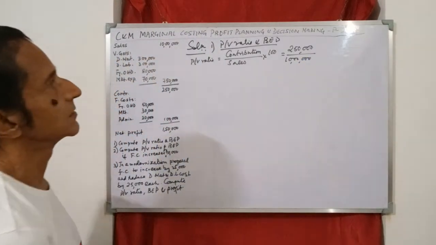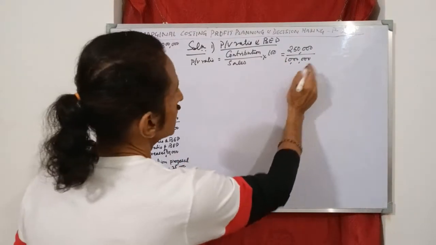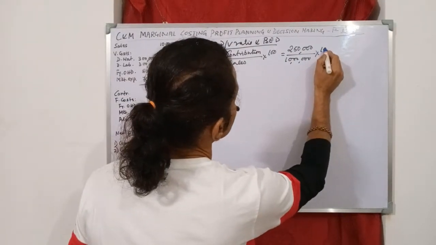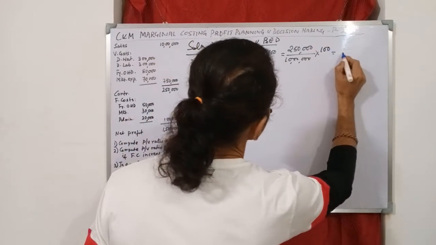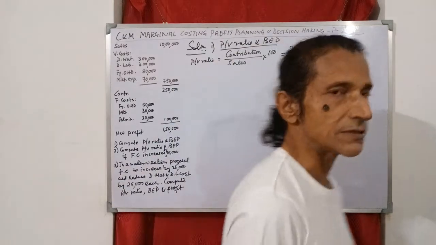That is 2,50,000 divided by 10 lakh into 100. This is simply 25%. So PV ratio is 25%.